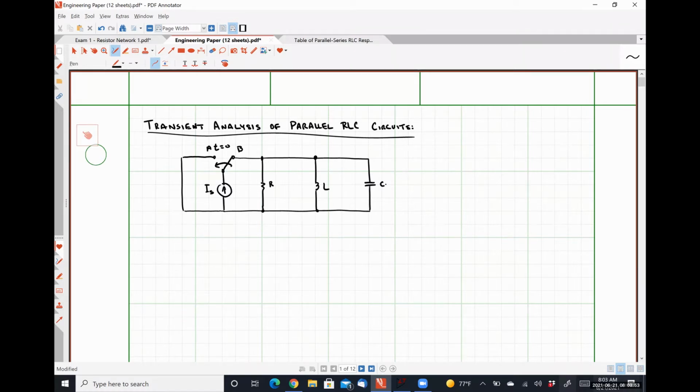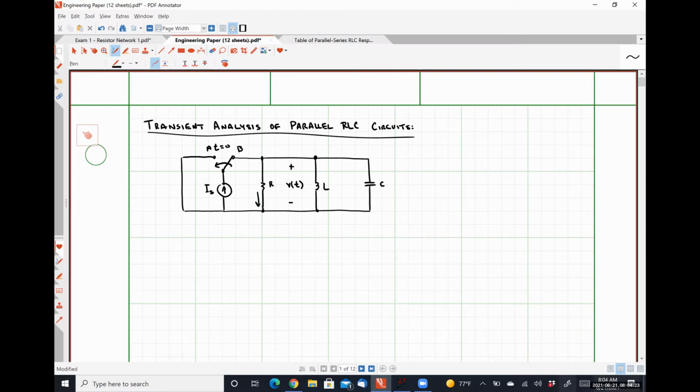So our goal today is to develop the governing equations for how this transfer of energy occurs by figuring out what the voltage and current in all of the different elements are. So I'm going to start by saying that I have some common voltage V of t across all of those three elements in parallel.